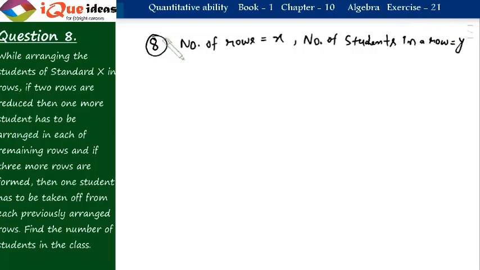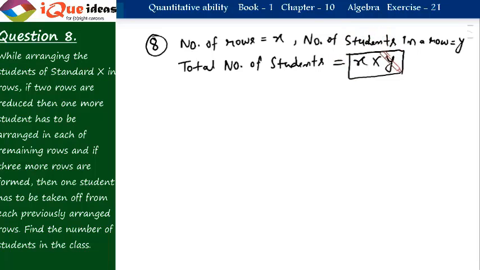Then the total number of students would be equal to the number of rows into the number of students in every row. So the original number of students is x into y.